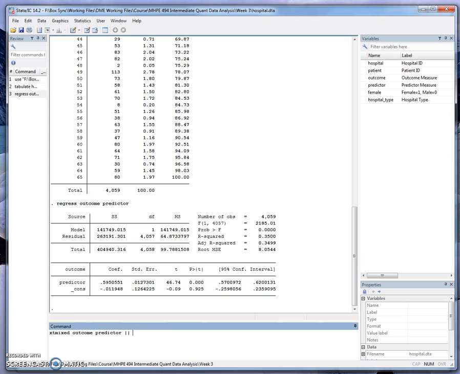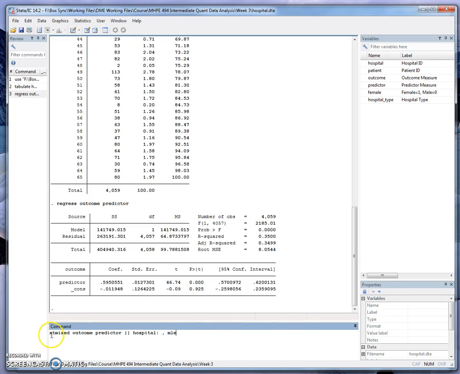Then we put the grouping variable, which is your hospital, and a colon. And then we put comma MLE. MLE is an estimation option called maximum likelihood estimation. It's okay if you don't put this, but it's probably better if you do. Generally, people do put this option. So this is the syntax.